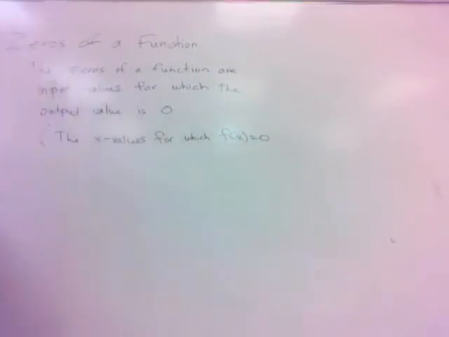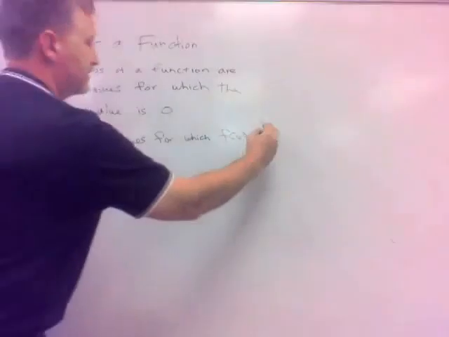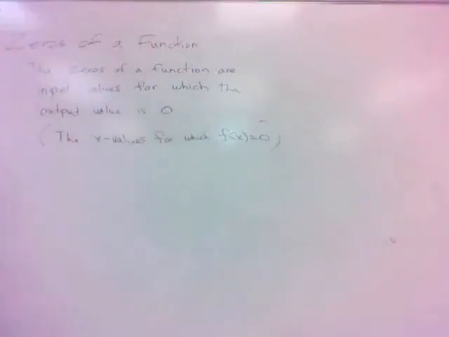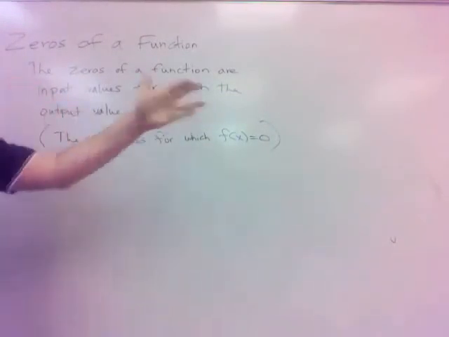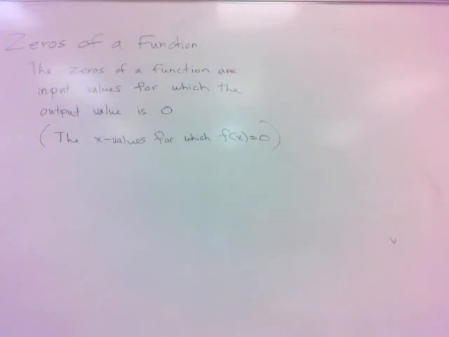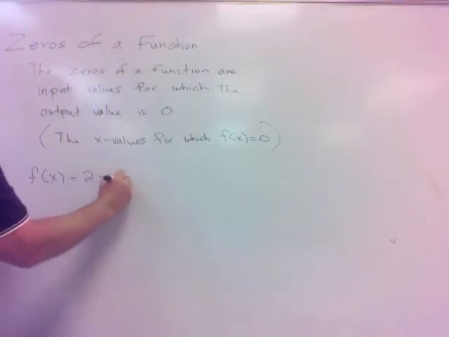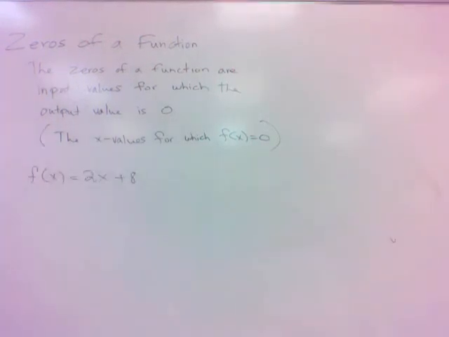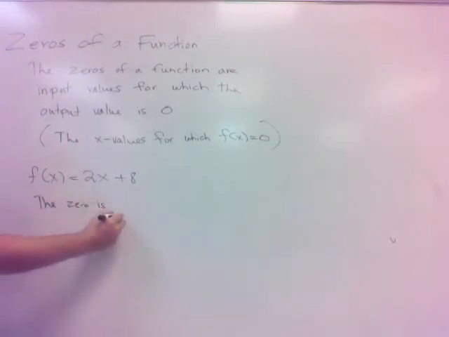Right? The x values are the input values, and so the f of x are the output values. So this is what it means. Zeros of a function are the x values when the f of x equals 0. Okay? For example, f of x equals 2x plus 8. The zero of this function is x equals negative 4, or just negative 4.